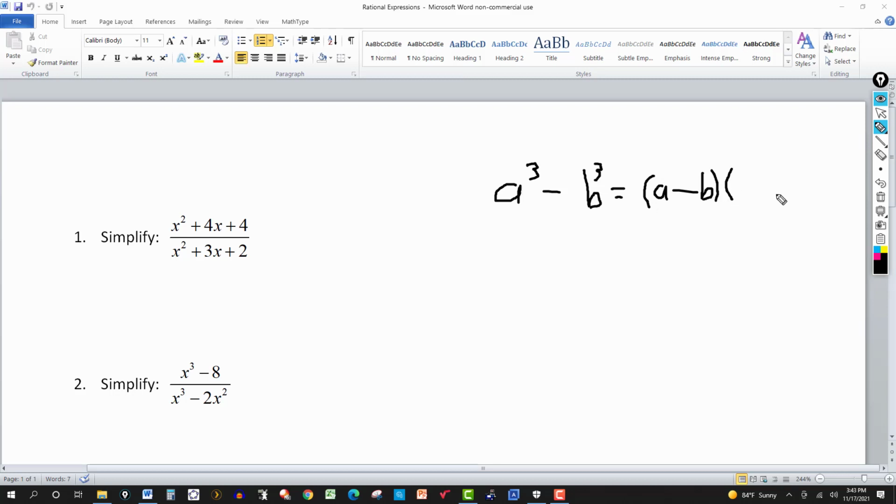And then the second factor will always be, look at the first factor here, a minus b, whatever the square is of this first one. Okay, so you square the first term, whatever it is. In this case it's a, so square it. And then you change this sign. If it's minus, make it a plus. Okay, so this is, in this case, minus, so this becomes a plus.